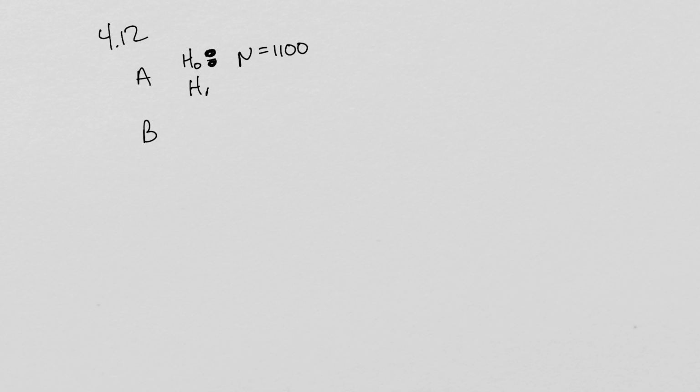The alternative hypothesis is that mu does not equal 1100. This is a two-sided test. Okay, when we have inequality here, two-sided. If our alternative was something like mu is actually less than 1100, then it would be one-sided.